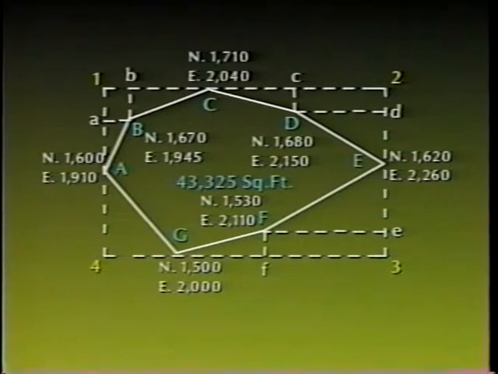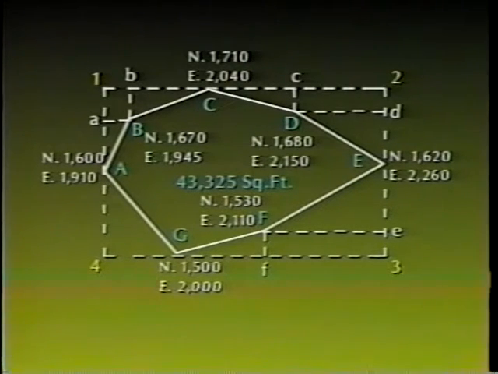I make the area 43,325 square feet. Let's review the process. The area of the rectangle 1, 2, 3, 4: take the easting of the most westerly corner, point A, which is 1910, from the easting of the most easterly corner, point E, which is 2260.